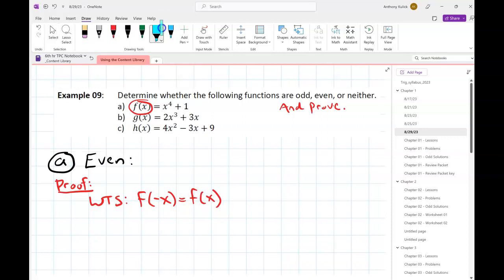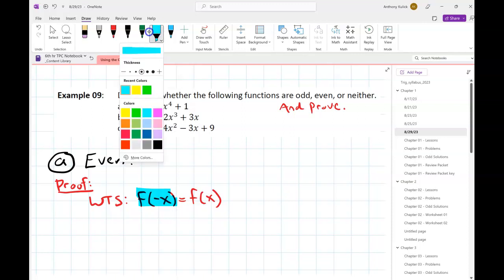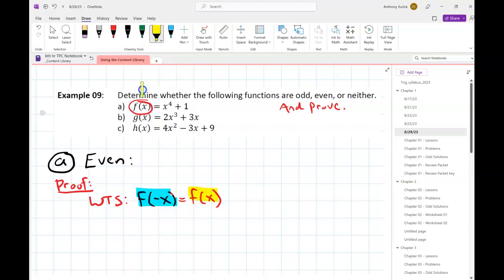So when I have something I'm trying to prove that has an equality in it, typically the easiest way to start is to start on the left-hand side and try to end up with the right-hand side. So that's what we're going to do.